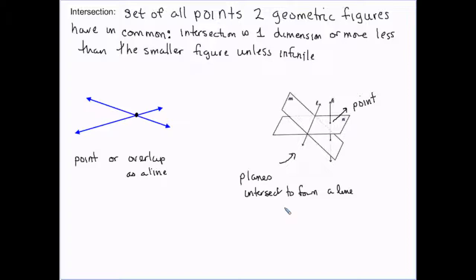But if this plane's coming along and this plane's coming along and they intersect like this, you can kind of see how it would make a line. You'll notice I copied these pictures off of the internet because I can't draw them. There's also, if you have 3 planes come together, 3 planes will intersect to form a point because there will only be one point where all 3 planes meet.